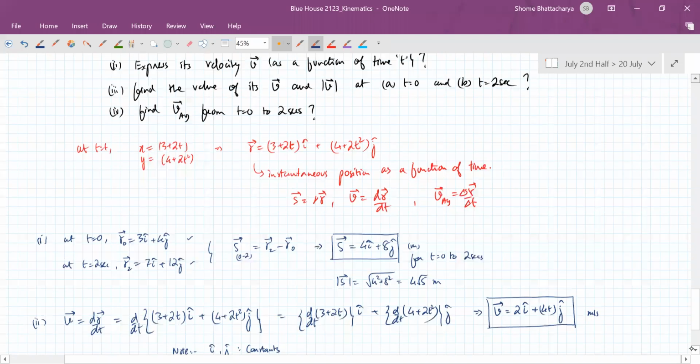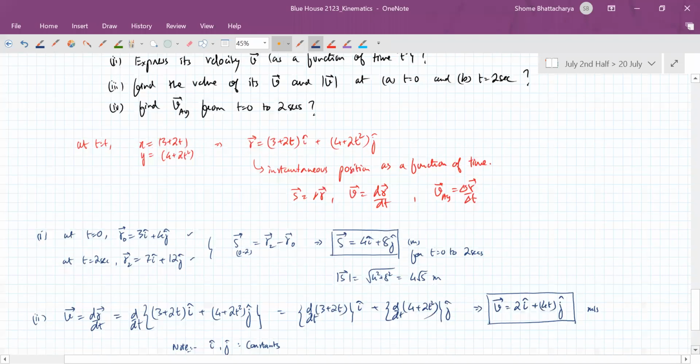So that will be directly applying or substituting the value of time as 0 or 2 seconds in this expression. Okay, so this is a very critical step over here, how we differentiate a vector quantity. This differentiation operator applies to this and it applies to this, whereas these two are constants, so they are left alone.